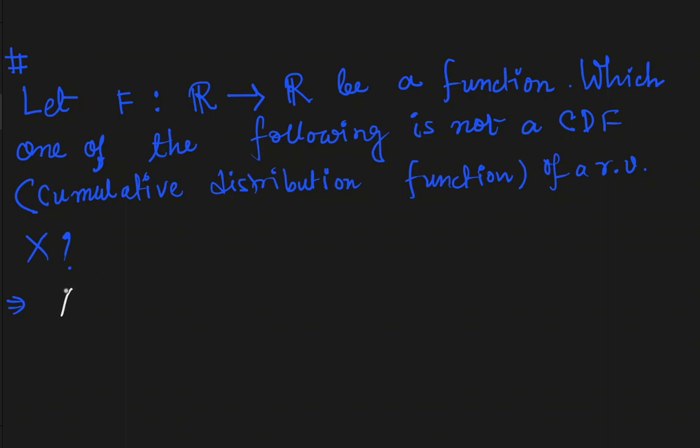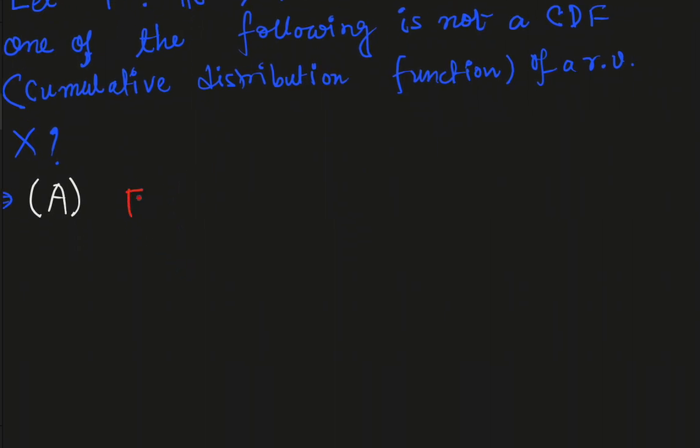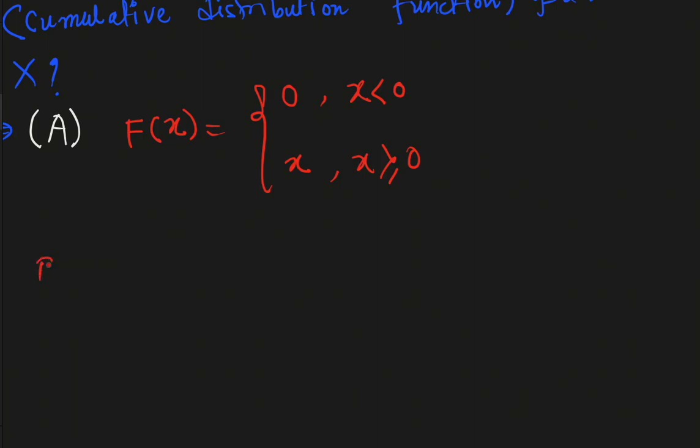Options are the following. A: f(x) is 0 if x is less than 0, and 1 if x is greater than or equal to 0. B: f(x) equal to 0 when x is less than 0, and 1 when x is greater than 0.